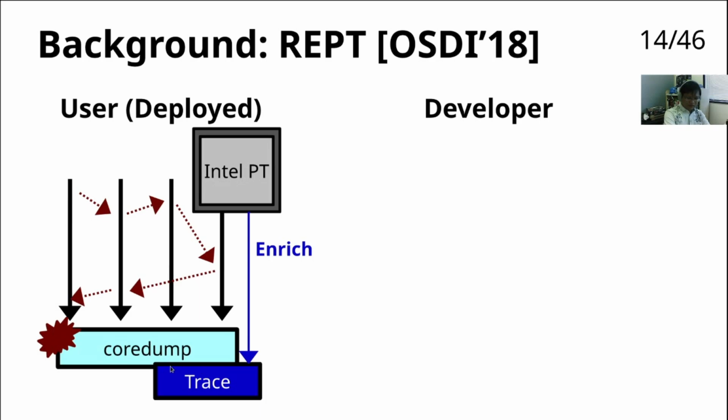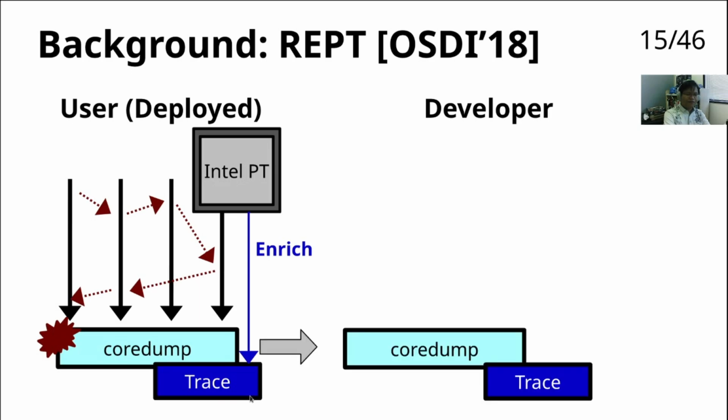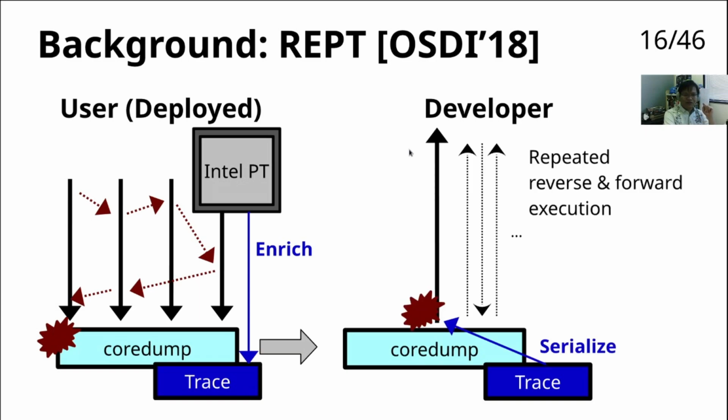More precisely, this trace information allows REPT to serialize the whole execution from the enriched core dump. And in this serialized execution path, REPT reverse executes and forward executes repeatedly to recover program states before the crash. And this is done at machine level.